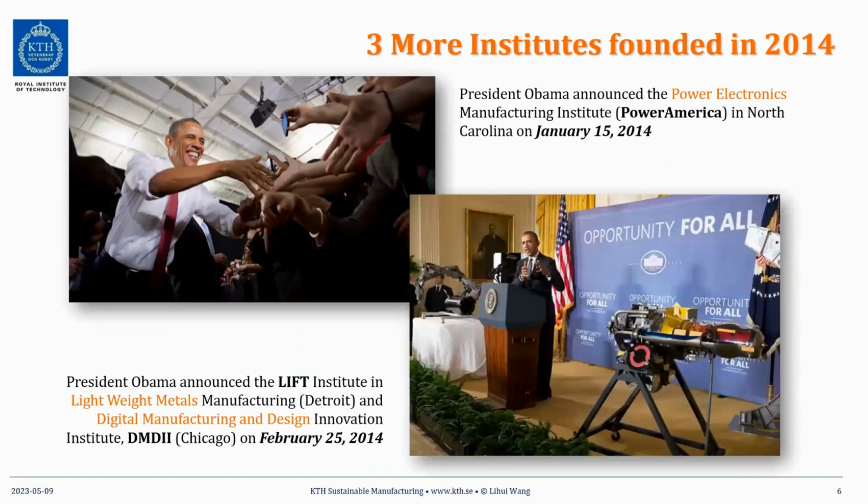Another two institutes were announced one month later, in February 2014. One is called LIFT and the other DMDII, focusing on lightweight metal manufacturing and digital manufacturing and design. This picture shows the announcement at the White House.